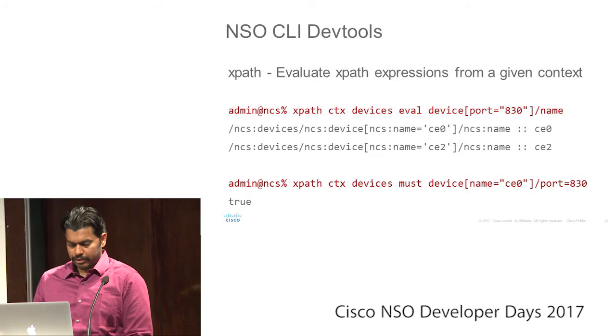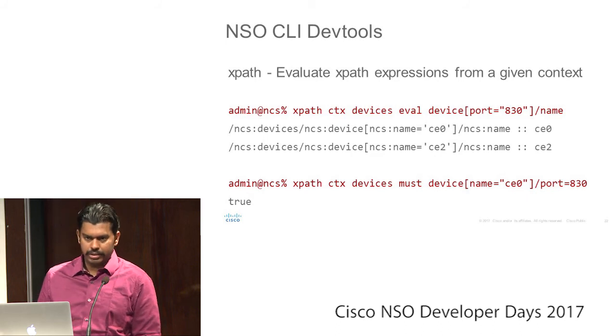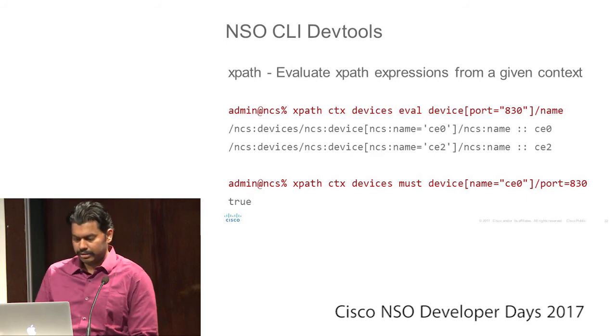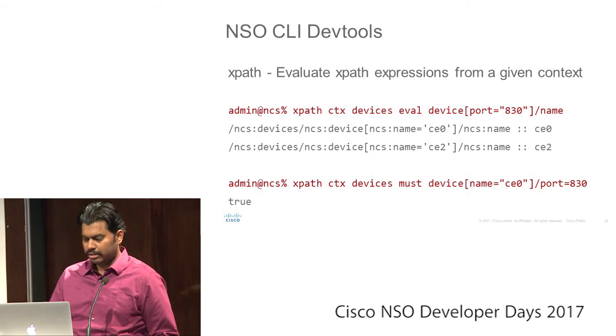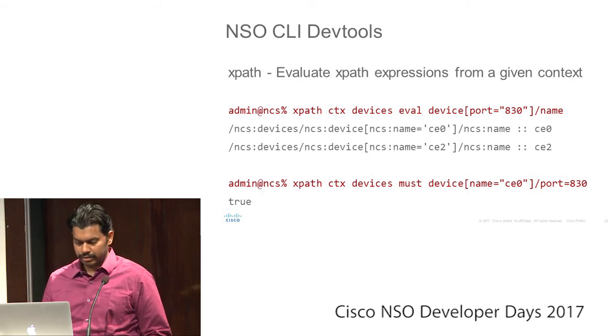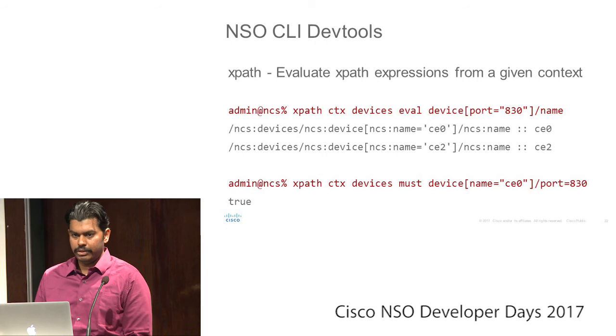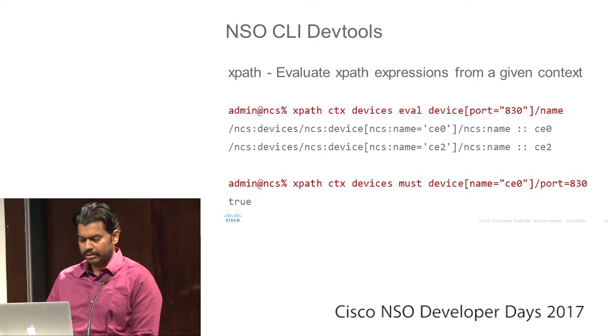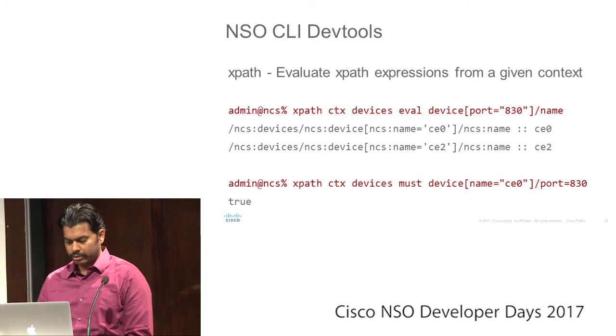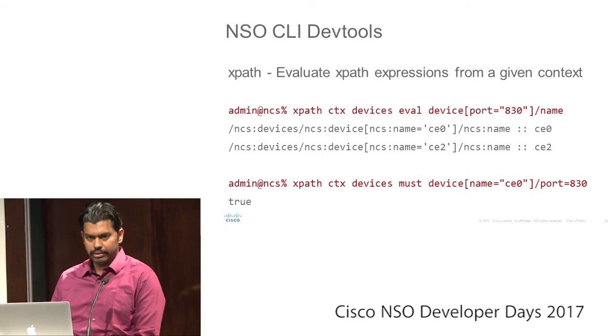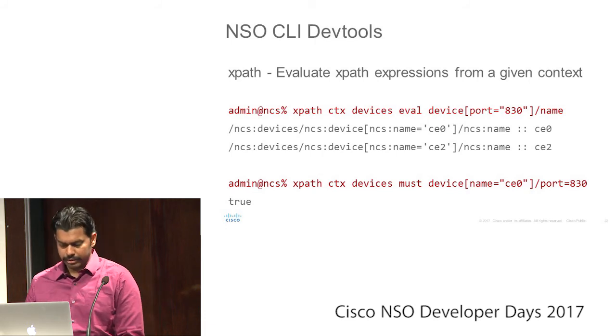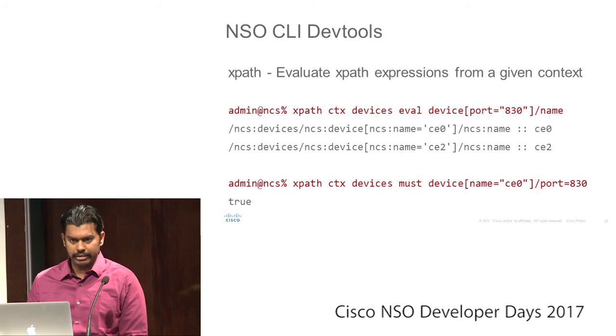So this is very useful for making sure that you get your XPath expressions correct in your Yang models when you're developing service models and such. When you're writing must expressions, when expressions, it's a very handy tool to make sure that you get your expressions correct, and also to check how long it takes for your expressions to evaluate, for example.